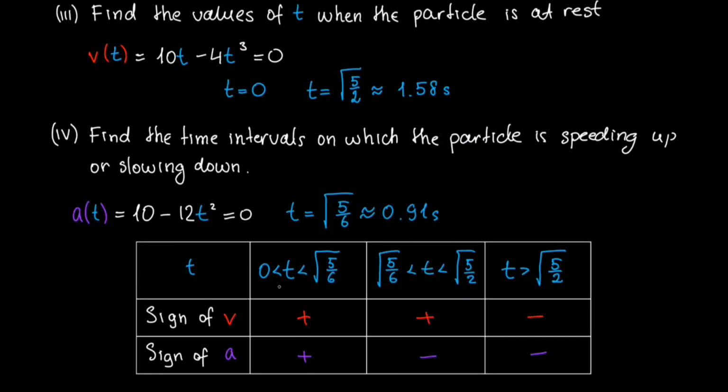So this tells you that the particle was speeding up from 0 to 0.91 seconds, and after 1.85 seconds has passed. In the middle, between 0.91 and 1.85 seconds, this particle was being slowed down. So there you go. That's how you apply derivatives into a real-life problem.